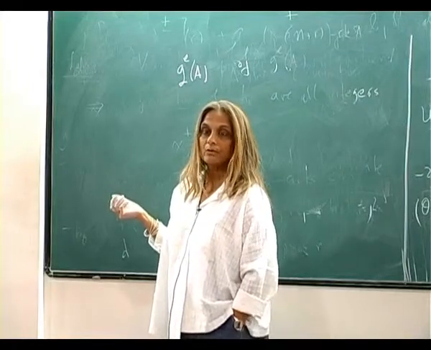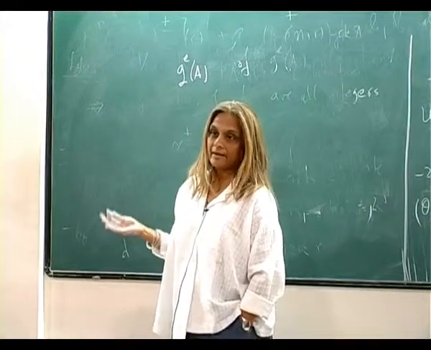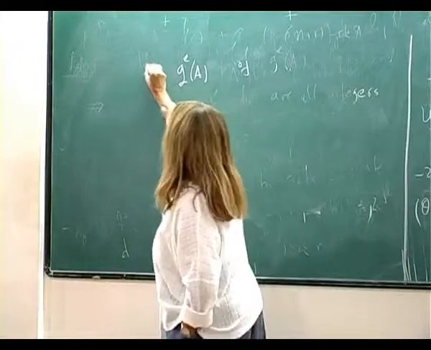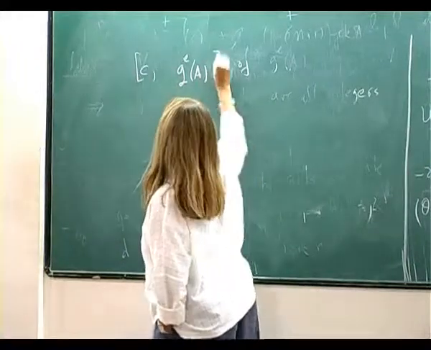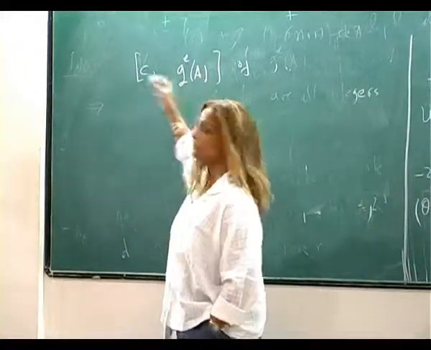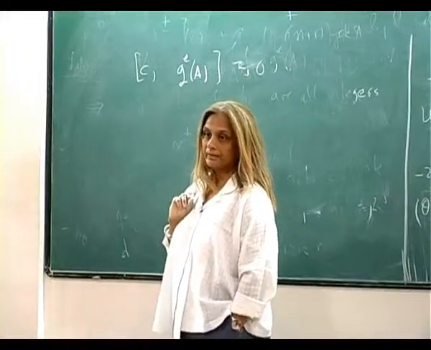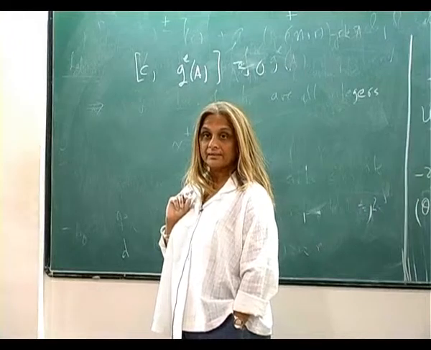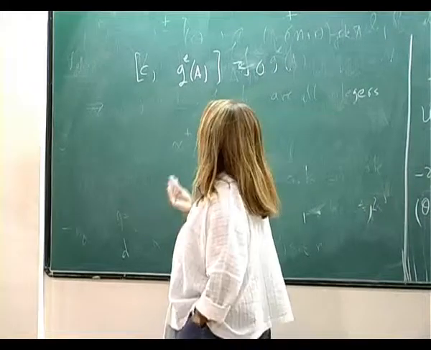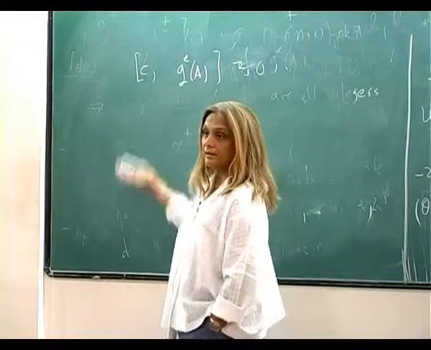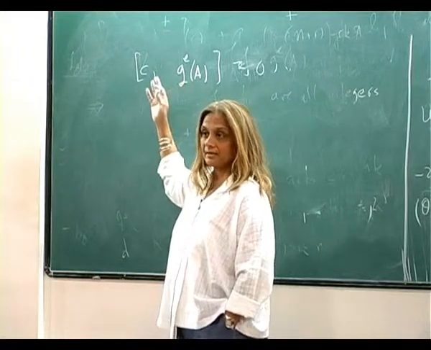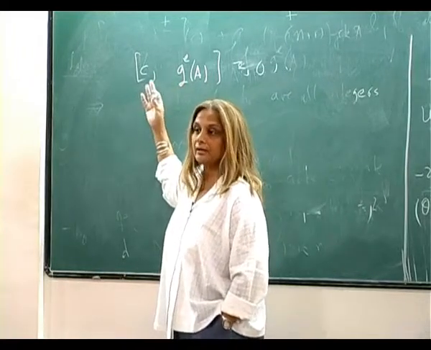For the level, I need to know how the center acts on it, correct? What is the adjoint action? Well, this is the center, so it acts as 0. So finally, a rigorous statement I can make: the adjoint representation is an example of a level 0 representation.